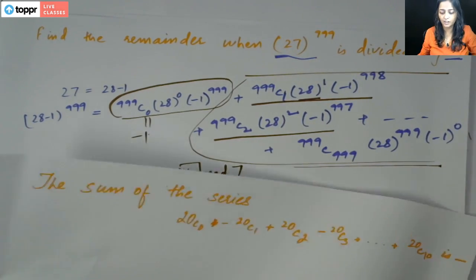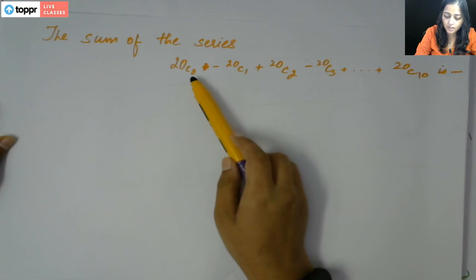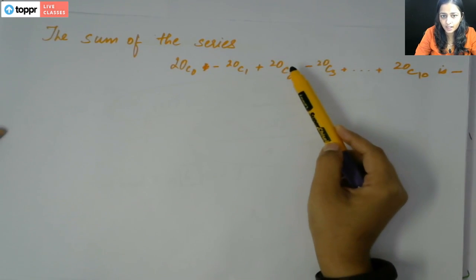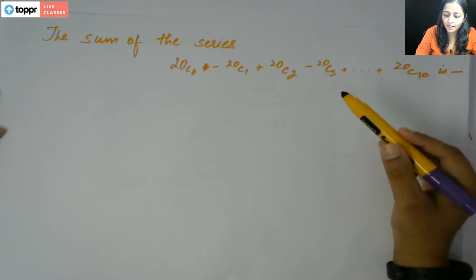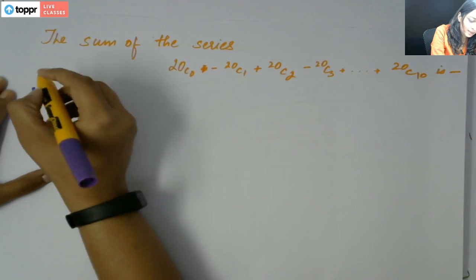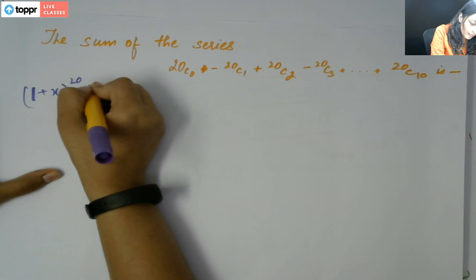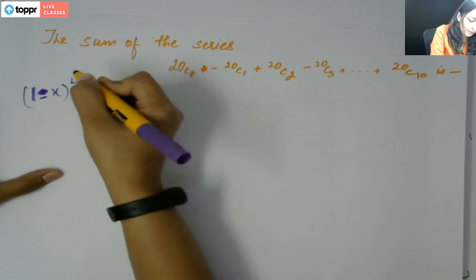We'll consider our next question. We have to find the sum of the series 20C0 minus 20C1 plus 20C2 minus 20C3 and so on till 20C10. Suppose we expand (1 minus x) raised to the power 20.